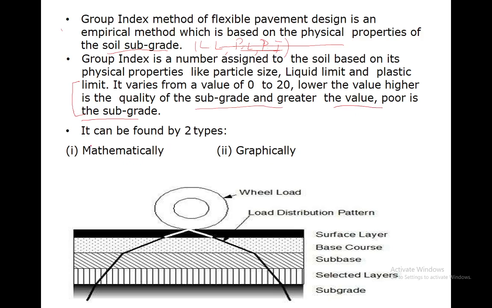We usually have two types of method: one is a mathematical method, while the other is a graphical method. In this lecture, we will solve the problem through the mathematical as well as the graphical method. As you can see here, from the top, the wheel is acting and the load is distributed over a large area. So the load is transmitted and distributed, and the performance of the subgrade layer, the supporting layer, is very important.